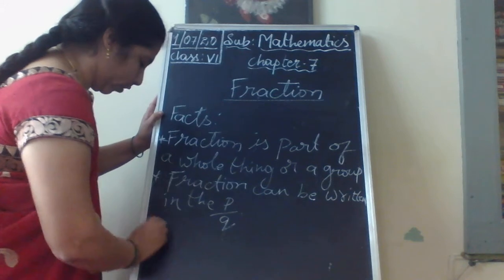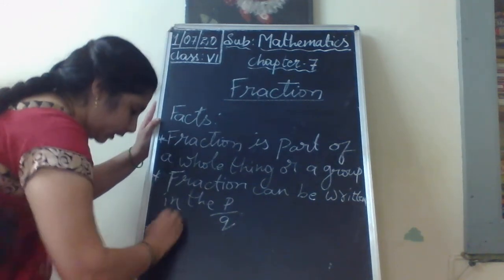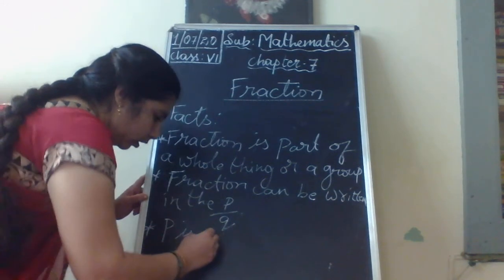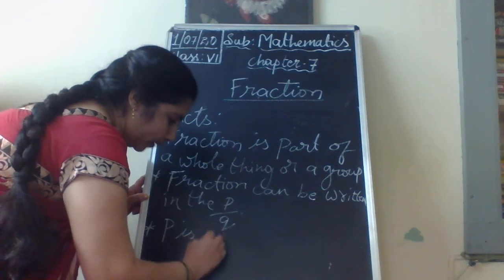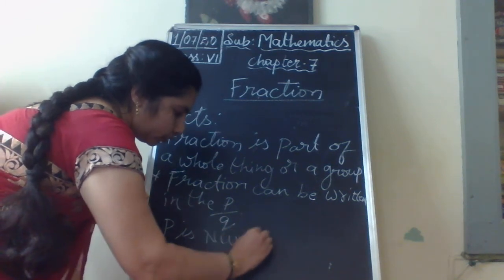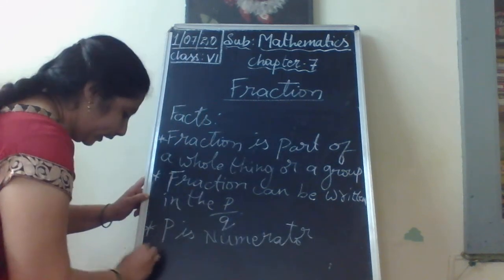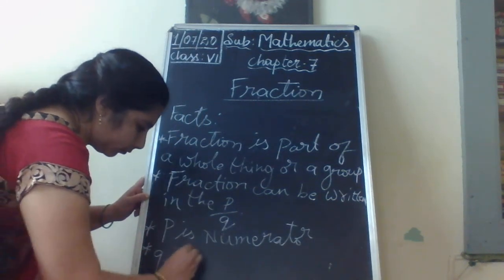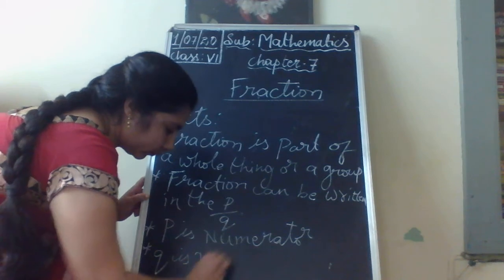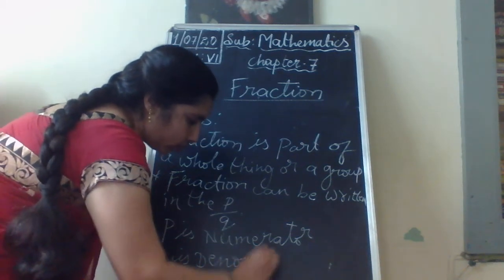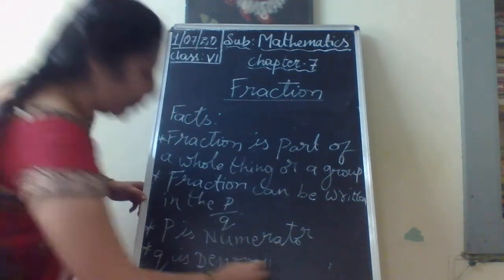So what do we call P? P is called the numerator and Q is the denominator. What is the definition for numerator?